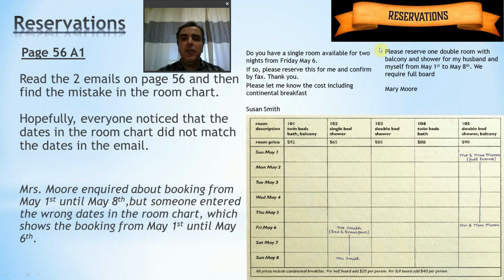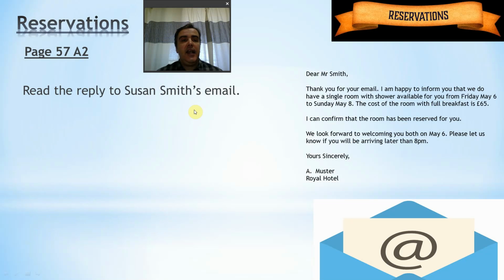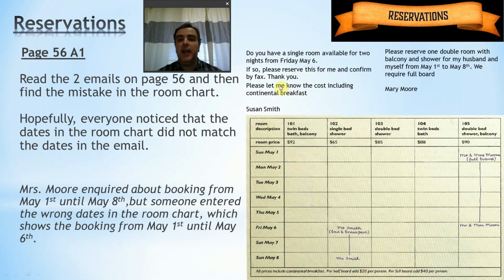Now we're going to be using these 2 emails a little bit more. If we look at the second part, if we look on page 57, part A2, we're going to see a reply to Susan Smith's email. If you remember, this was Susan Smith's email here.